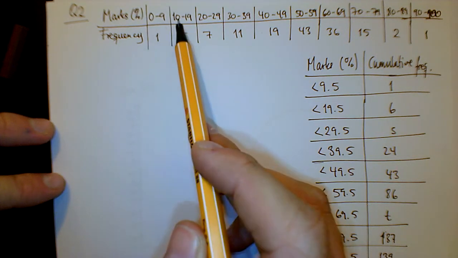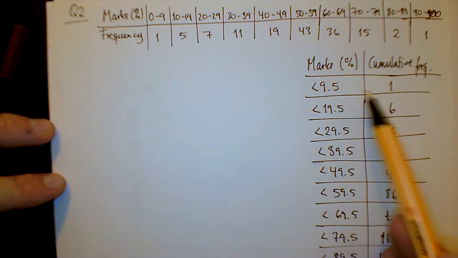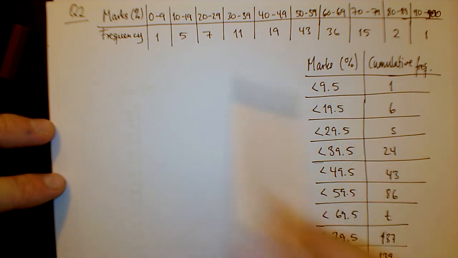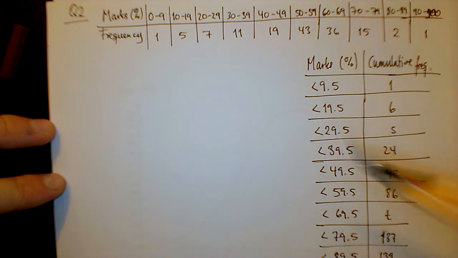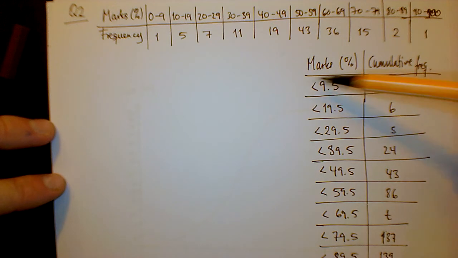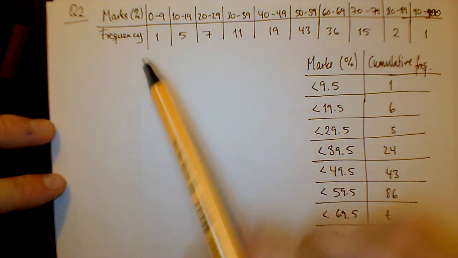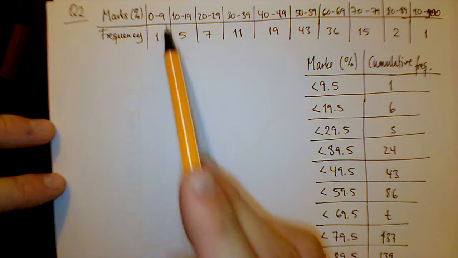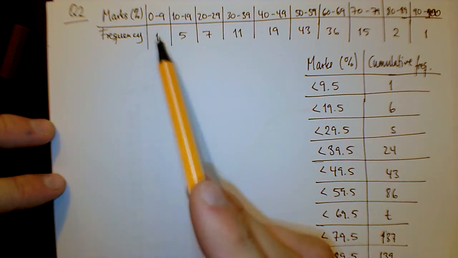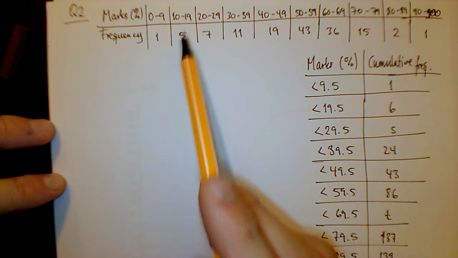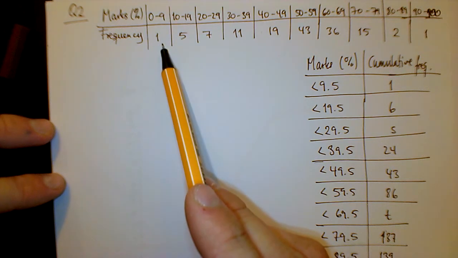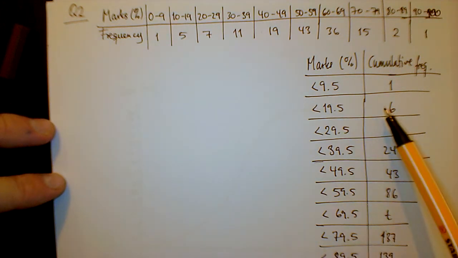So we do 9 plus 10 divided by 2, and we get an upper boundary of 9.5. Next group we get an upper boundary of 19.5, and so on. So when it says less than 9.5, that means everyone that got 9.5 or lower. In this case just the one, and for less than 19.5, that's the 5 here plus the 1 over there. So that should be 6.